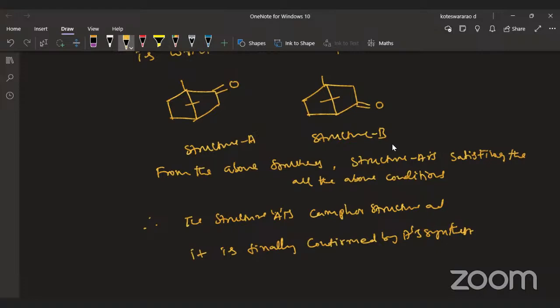Tomorrow it may be definitions and classification, general isolation of alkaloids, and general methods of structural isolation of alkaloids. Later we move to the structural isolation of quinine and papaverine. This is the unit of alkaloids. It is also a 2 to 3 class lesson. Let's see how much we can complete.